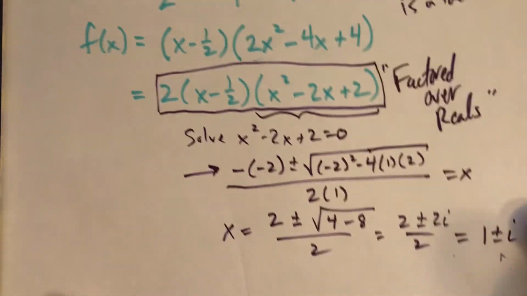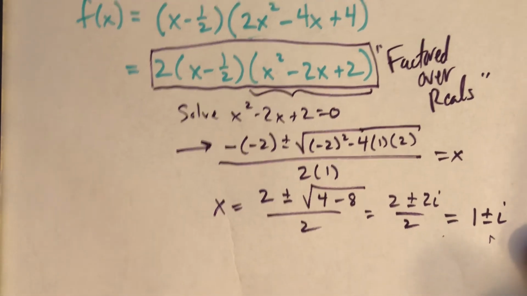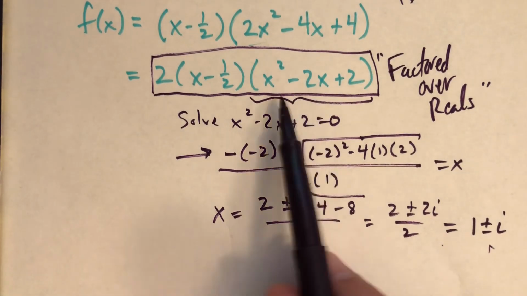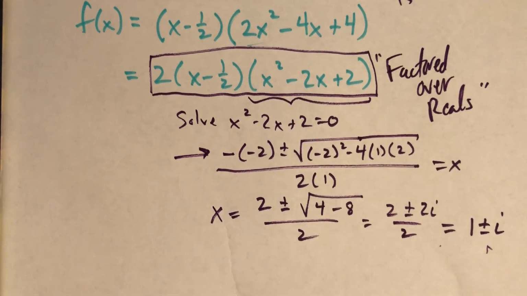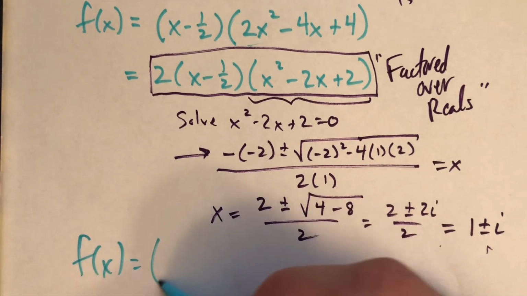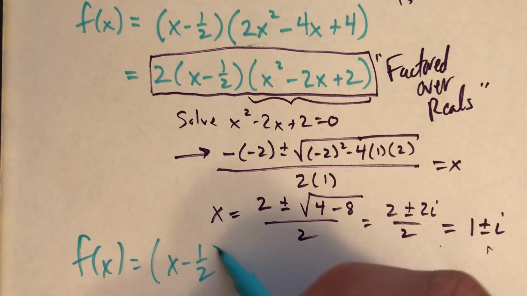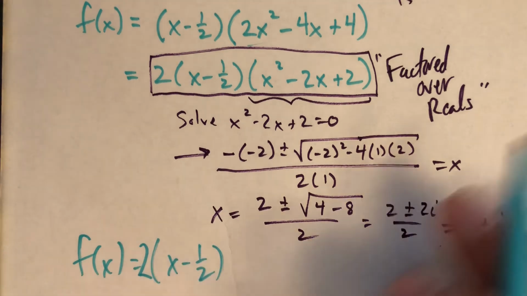So we will want to factor now over the complex numbers. So we can do that because we know the zeros of this, right? So if we want to go and rewrite our function yet again, we can write it as x minus 1/2. Well, we have that 2 in front, didn't we? 2 times x minus 1/2.